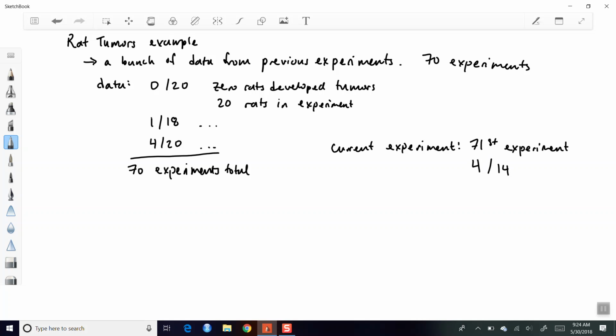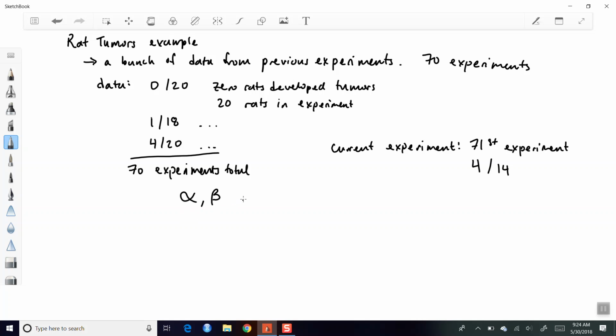Okay, and so our hierarchical model here is that there is some alpha and beta out there, okay? Alpha and beta, these are the values that determine the beta distribution, okay?